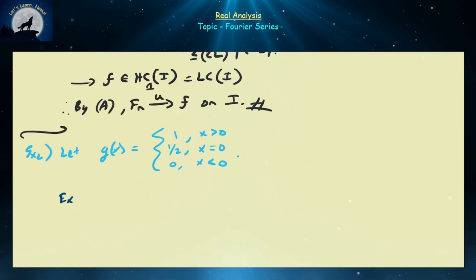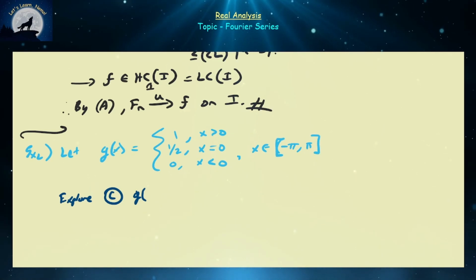So what I want you to do on your own is to explore theorem C and how it can be used, i.e. the Dirichlet-Dini condition, and explore g, and let's assume that this is defined on minus pi to pi, and let's actually do a closed interval here.